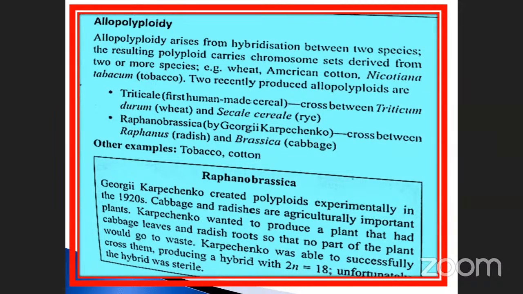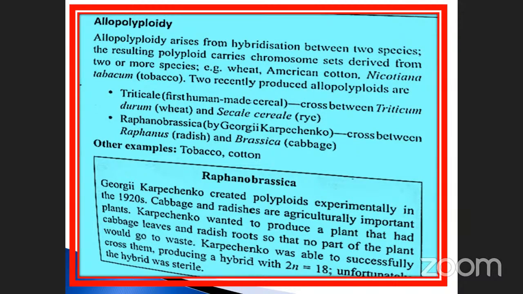Triticale is the first human-made cereal. Note it down, my dear students. It is a cross between Triticum durum, from which they took the triti, which is also a wheat, and Secale cereale, which is rye. The scale part is the last letters taken.